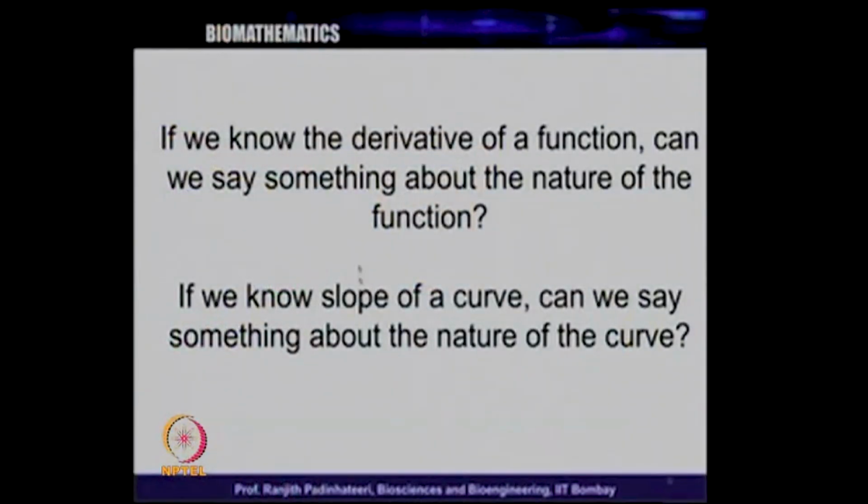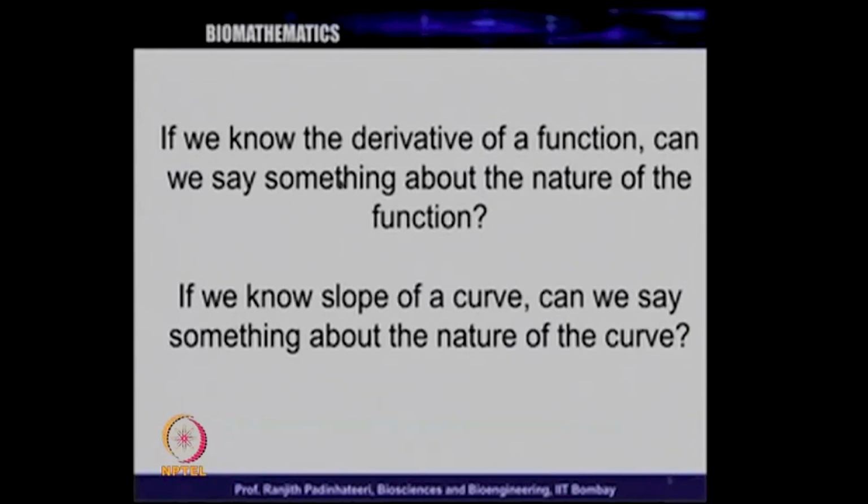The question is this: if we know the derivative of a function, can we say something about the nature of the function? In the case we know the dl by dt, the derivative of length with time, if we know the derivative, can we say something about L itself?